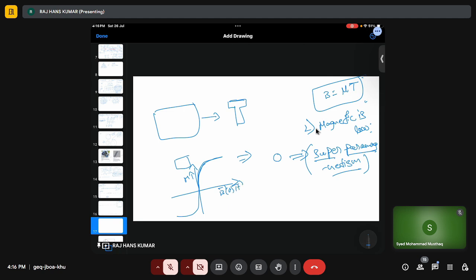Even if I apply a small amount of magnetic field, my magnetization will be large. That means the particle is very responsive. So even at small magnetic fields, I have large magnetization. That means the particle is very responsive to the magnetic field. So that's how, by the size of this nanoparticle, the response to a small magnetic field is achieved.